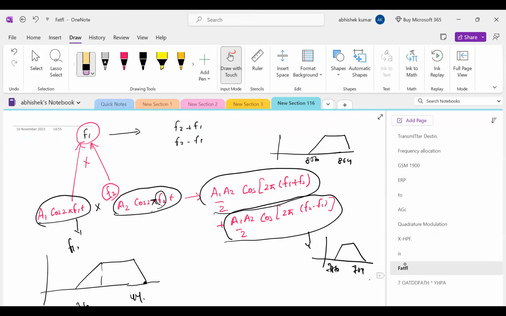But we are passing it through a high pass filter. So after the high pass filter we will have only one frequency component, F1 plus F2.